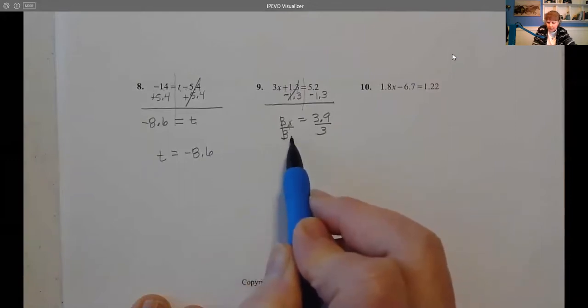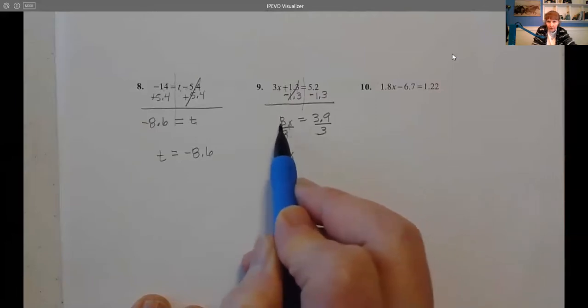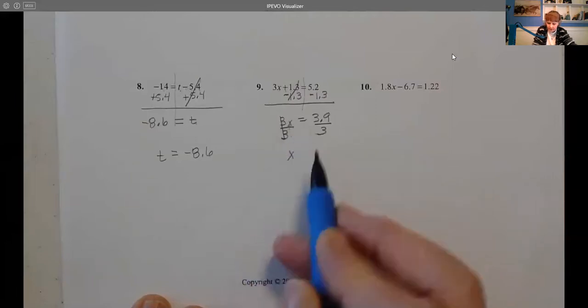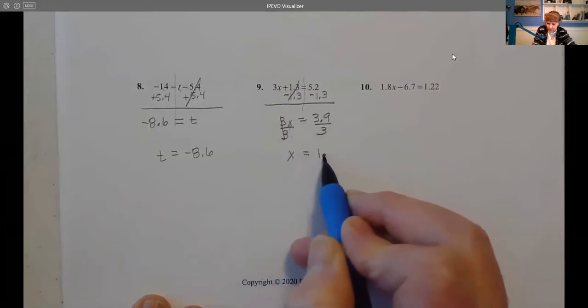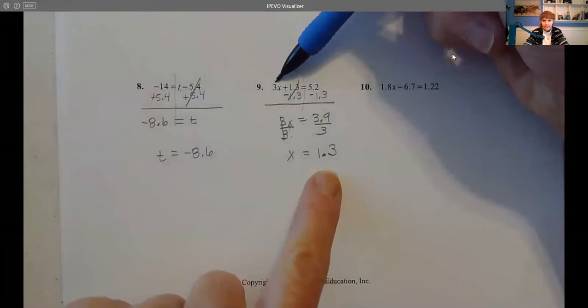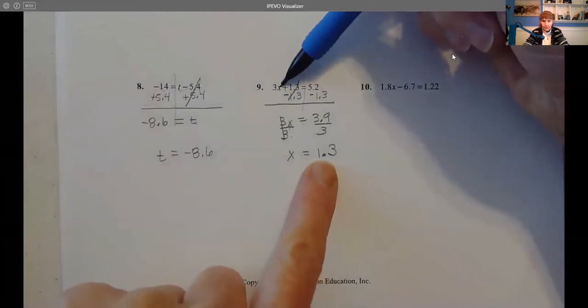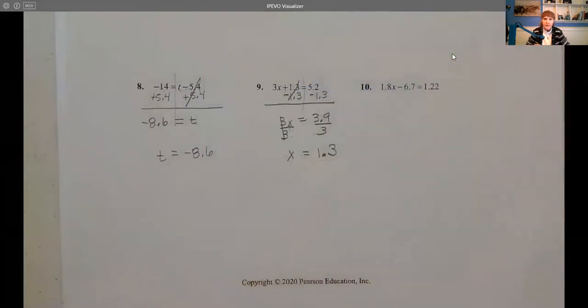Some people always want to put an x down here, but the x stays. We want to get rid of the 3. So it's just x equals 3.9 divided by 3, which is 1.3. To check it, I would take 3 times 1.3 plus 1.3, and you should get 5.2. Great. Let's do another one.